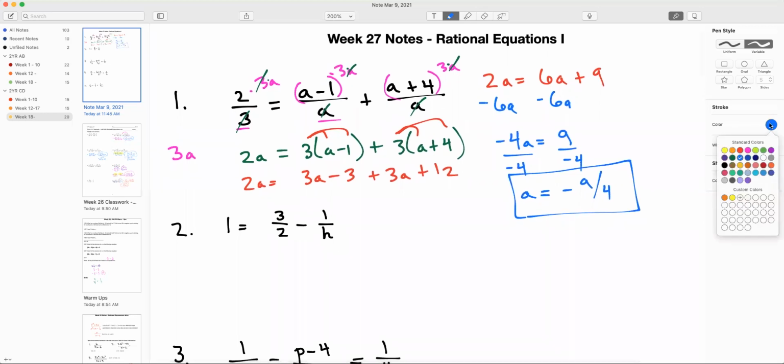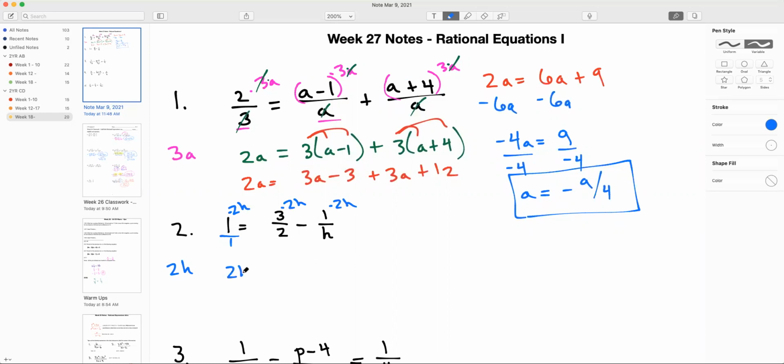Number 2. Okay, so we have 1 equals 3/2 minus 1 over h. So we're going to put that over 1, so it has a denominator. So what are all the unique factors in the denominator? 2, h, and that's it. So I'm going to multiply everything by 2h on top. 2h here, times 2h here, times 2h here.